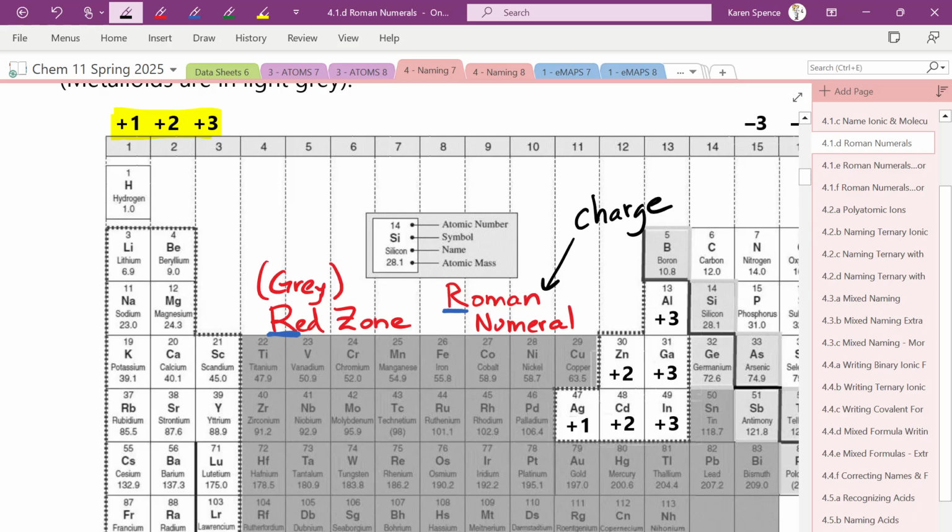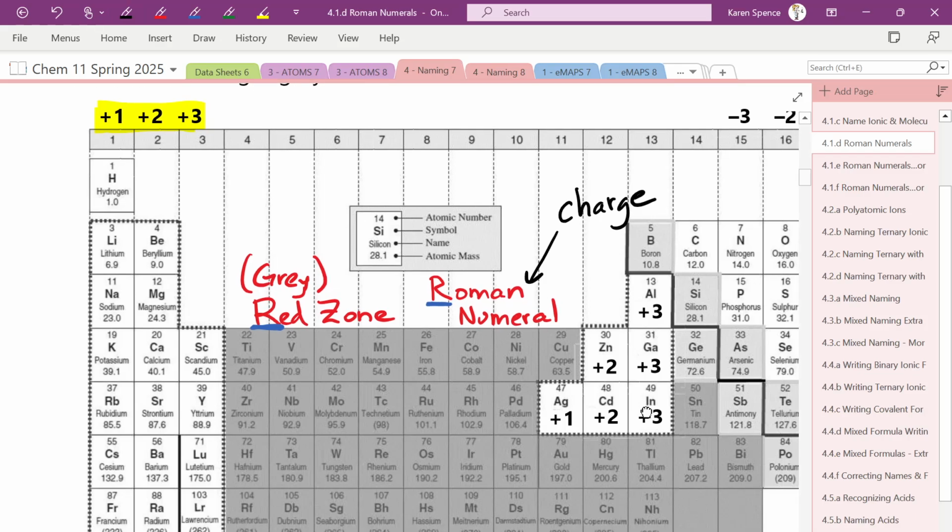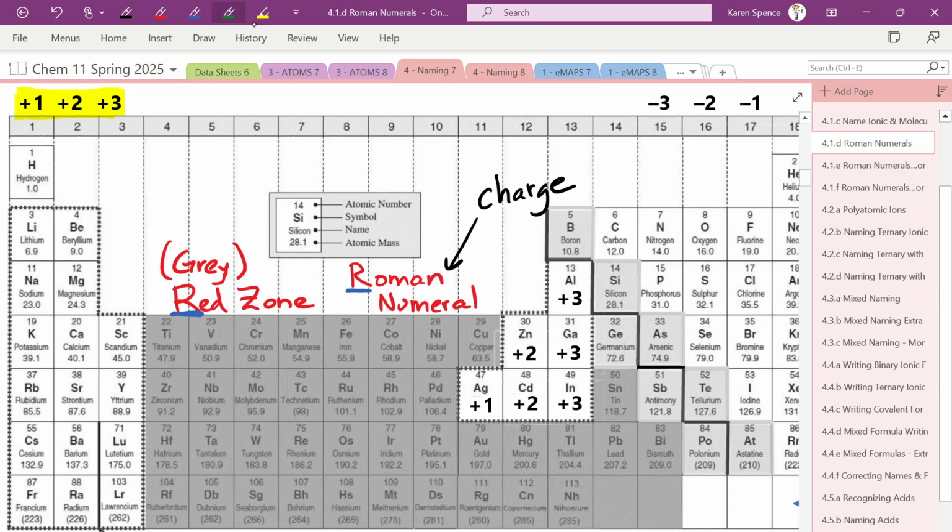Okay, and you'll notice within the red zone, there's a little staircasey region that is not red or gray, and those are the ones that are +1, +2, +3, because again, those are as easy as 1, 2, 3. So it's really easy to know the charges of groups 1, 2, and 3. It's really easy to know the charges of those little yellow highlighted ones.